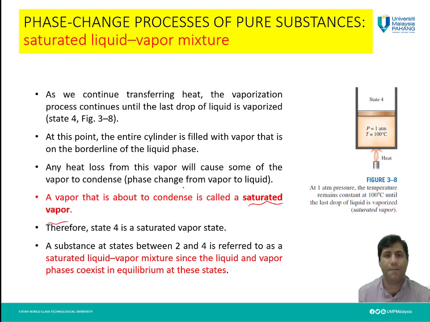So this is a state between the state of the saturated liquid and saturated vapor. We call that a saturated liquid vapor mixture. There is a chance for both directions, from liquid to gas and from gas to liquid. Because of that, we call that a saturated liquid vapor mixture.